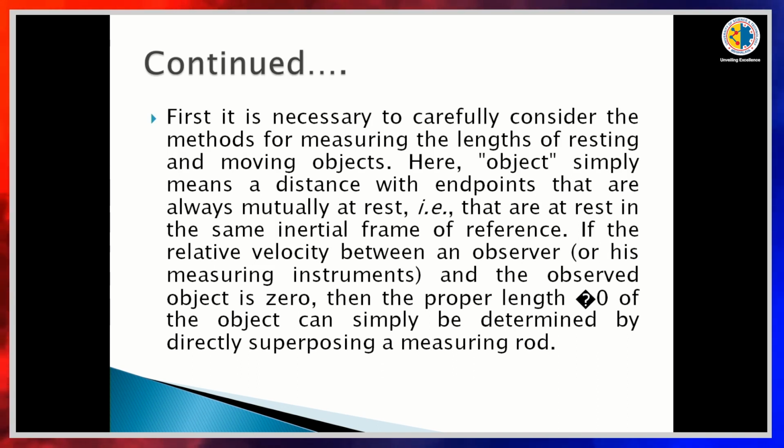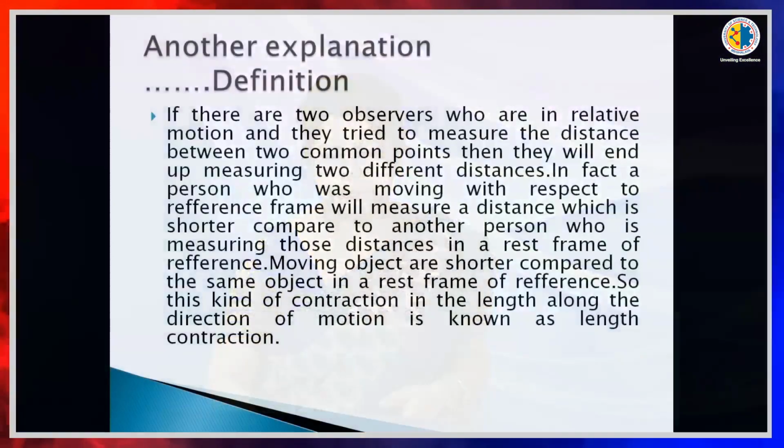If the relative velocity between an observer and the observed object is 0, then the proper length of the object can simply be determined by directly superposing a measuring rod. So, we get the initial point and the final point, and then we measure the length of the object, and we observe from the rest frame and the S dash frame, the moving frame with a constant velocity.